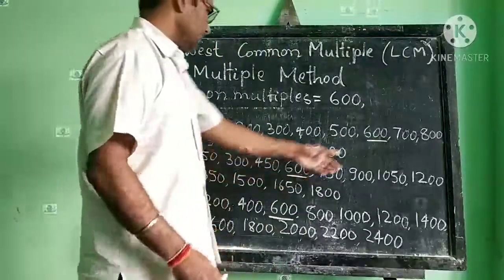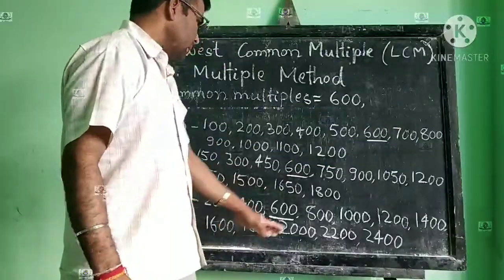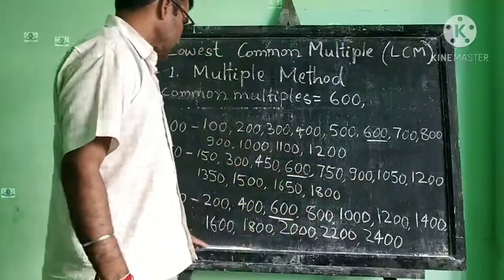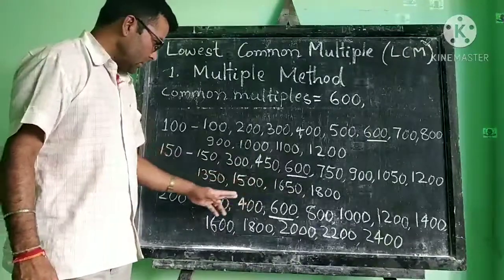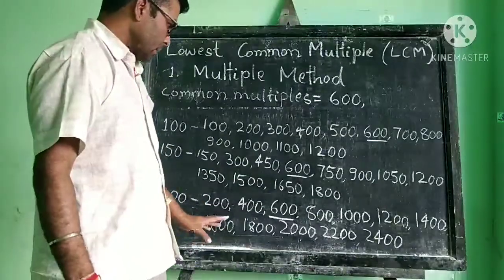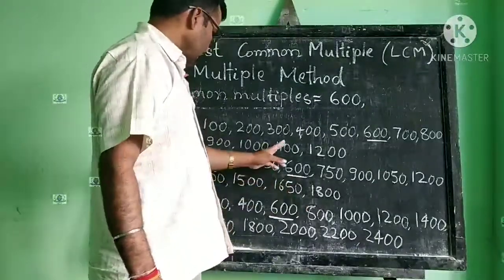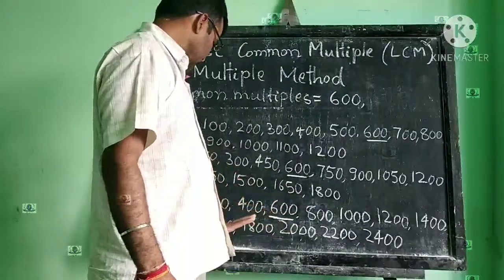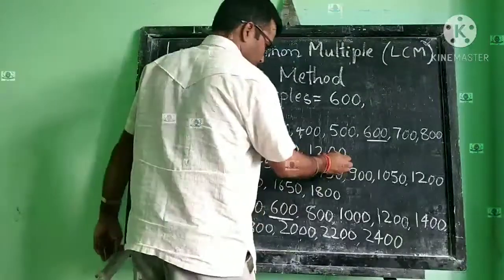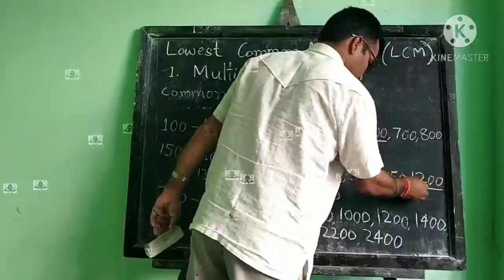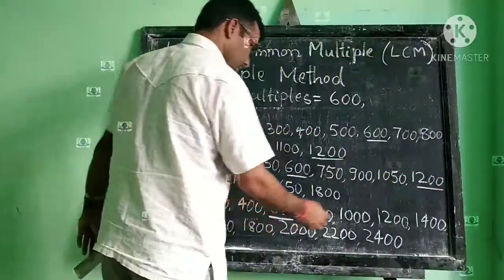Then 700 is not here, 800 is not common in all, 900 not common in all, 1000 not common in all, only in 2, 1100 also not common, and 1200, yes, 1200 is common here, here and here also.